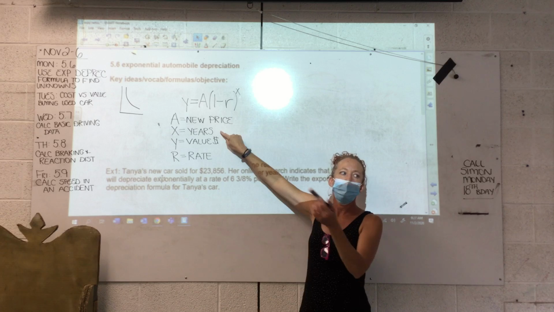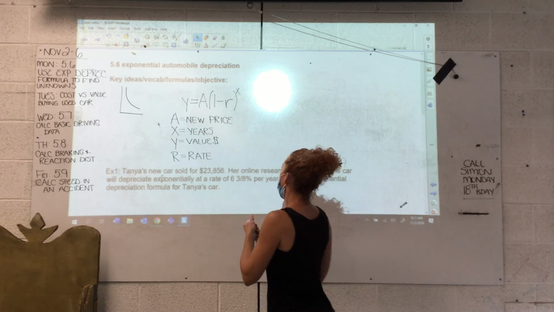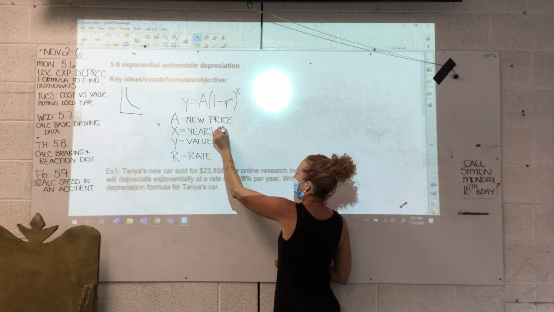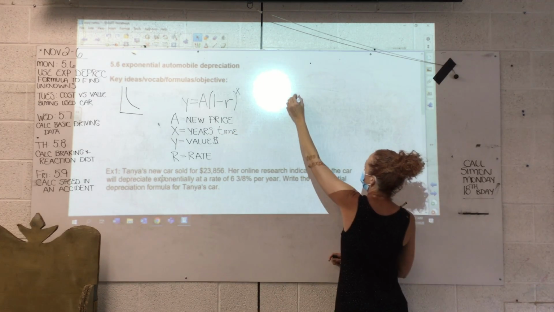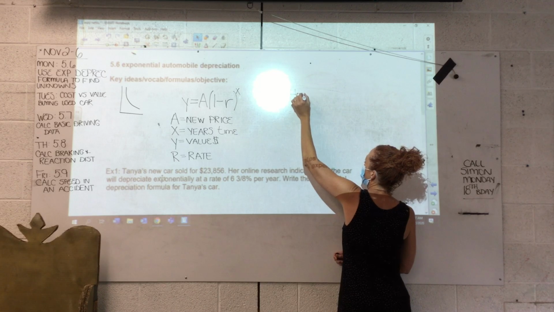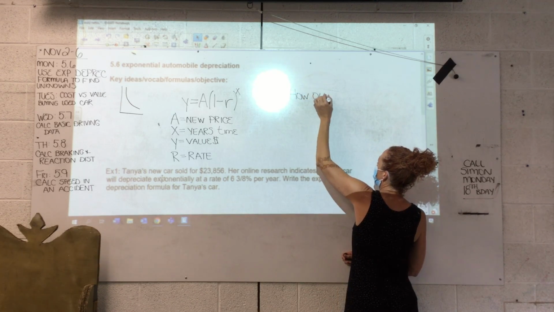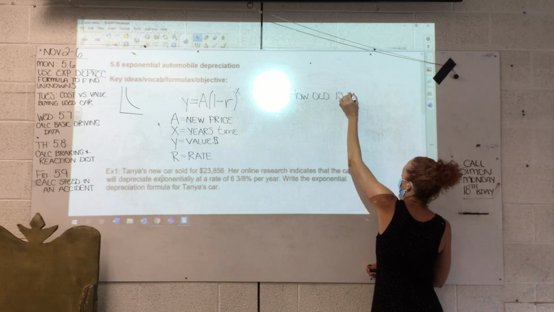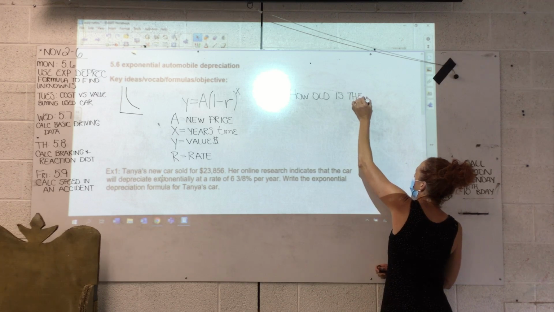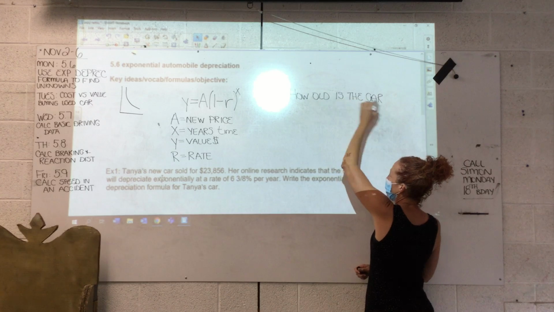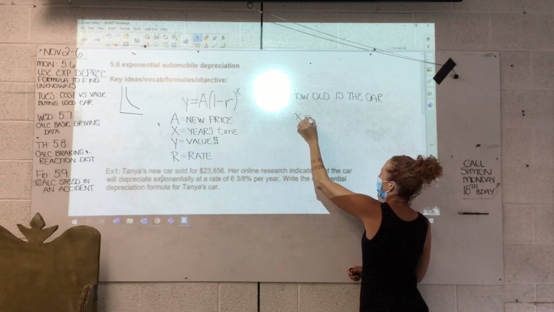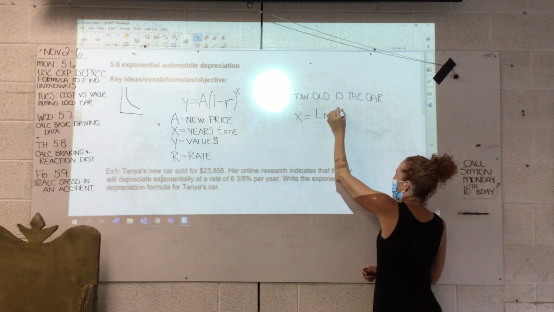So once again, goes back to Algebra 2. You don't need to remember how to use logarithms because the formula is just provided for you. So when it says how old is the car, there will be a separate formula. And we won't look at this till the last two questions. How old is the car uses this formula right here.